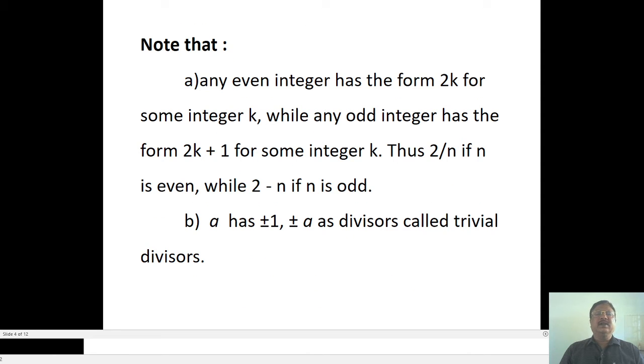Note that any even integer has the form 2k for some integer k, while any odd integer has the form 2k plus 1 for some integer k. Thus 2 divides n if n is even, while 2 does not divide n if n is odd. A has plus or minus 1 and plus or minus a as divisors, called trivial divisors.